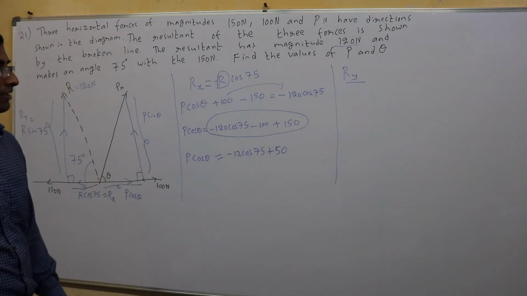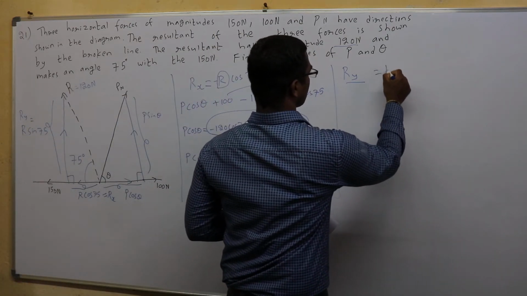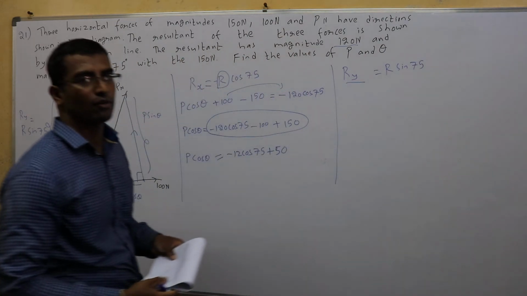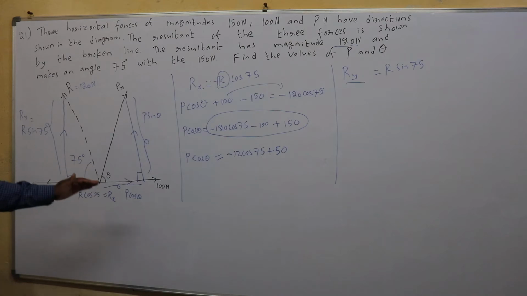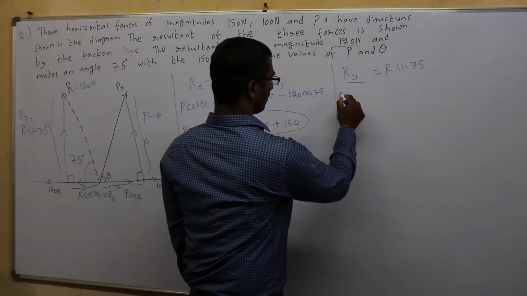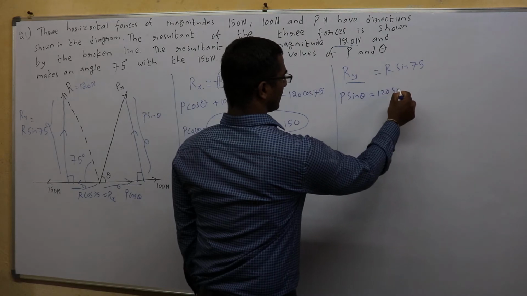Leave it like that. Now find out Ry, which is R sin 75. Now what all is acting in the positive y-axis? P sin theta, that's it. So P sin theta equals R, which is 120 sin 75.